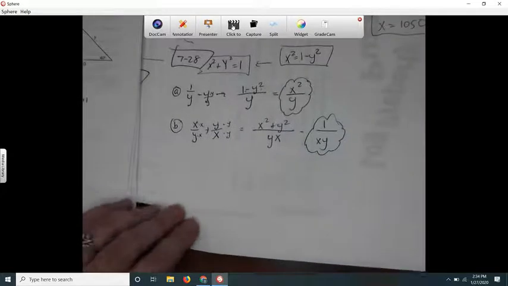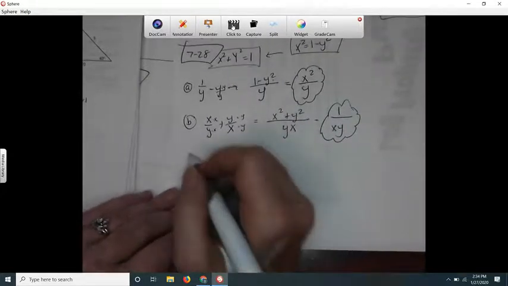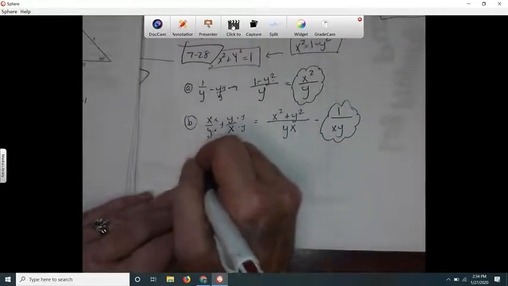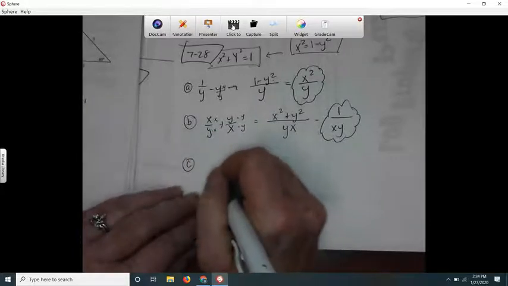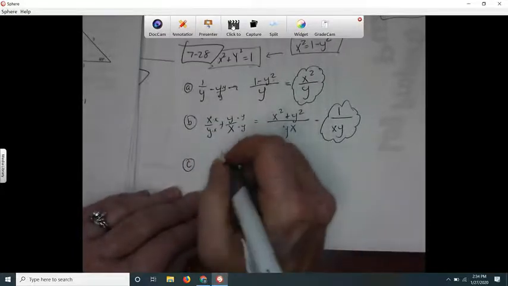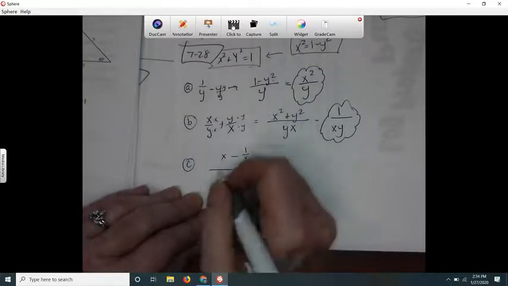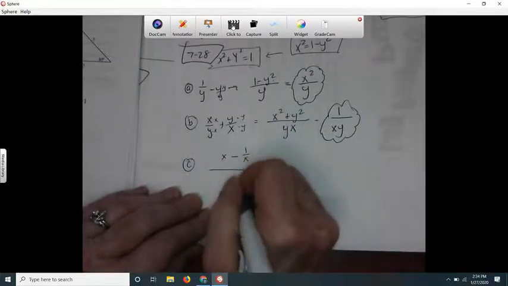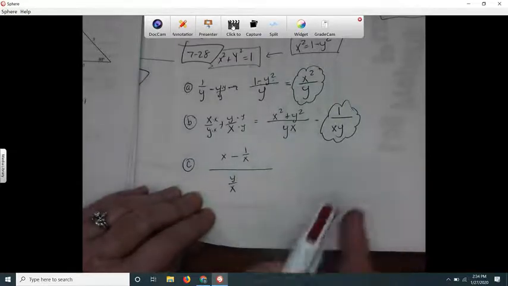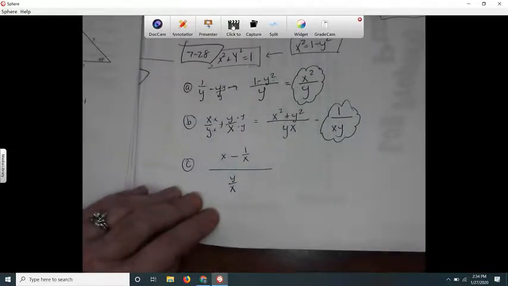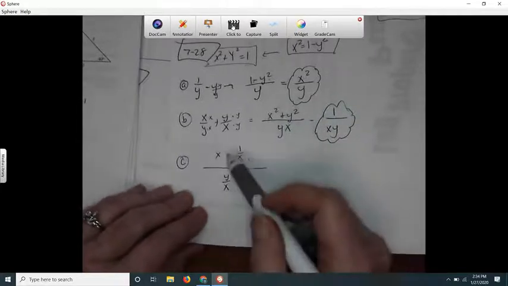So that's how they wanted me to do that one. They're being kind of specific about what they want here. And then C, it just gets a little more fun each time. So now we have x minus 1 over x and we have y over x. I could multiply everything by x.